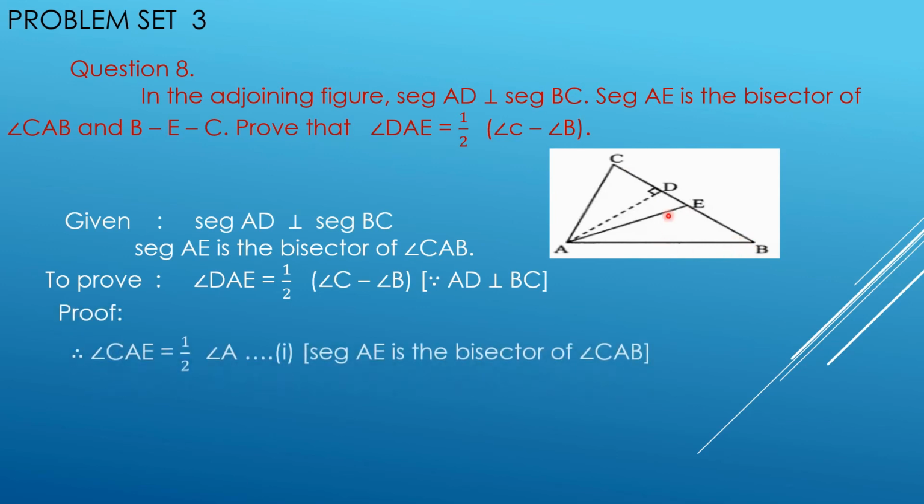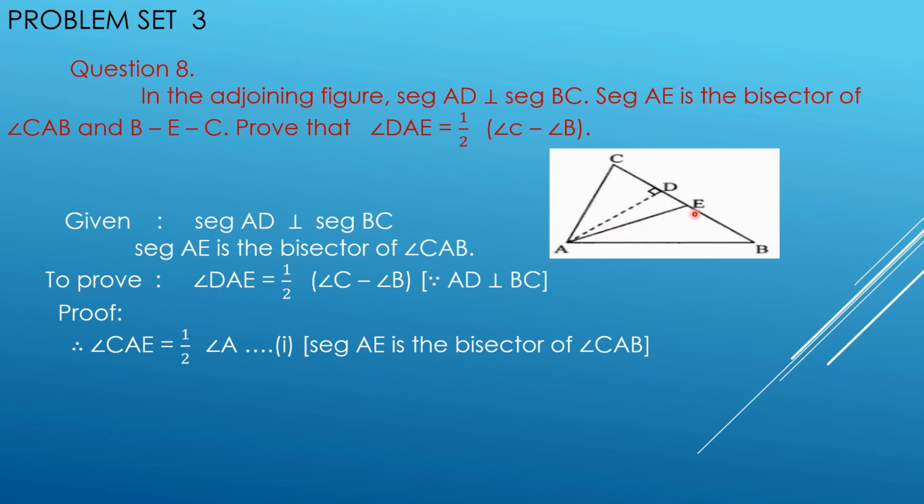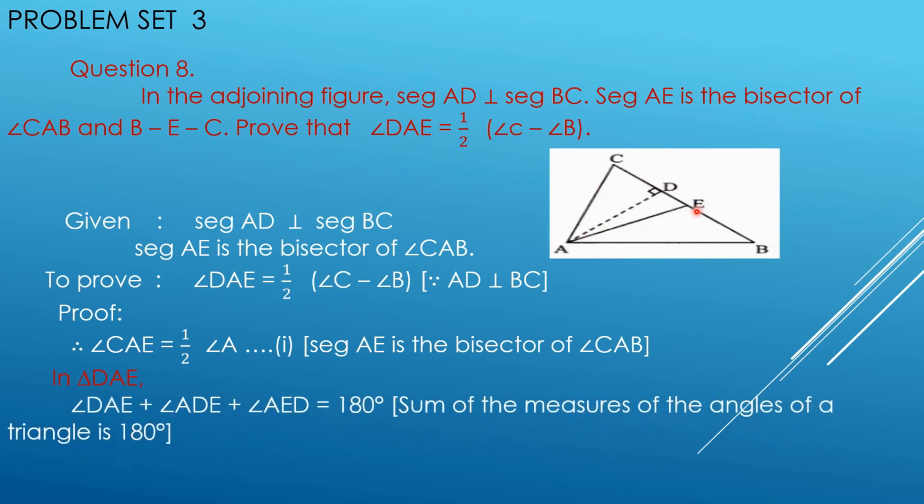Here AE is the bisector of angle CAB. Therefore, angle CAE is equal to half into angle A. That is equation number 1. And in triangle DAE, angle DAE plus angle ADE plus angle AED is equal to 180 degrees. Reason: the sum of the measures of the angles of a triangle is 180 degrees.